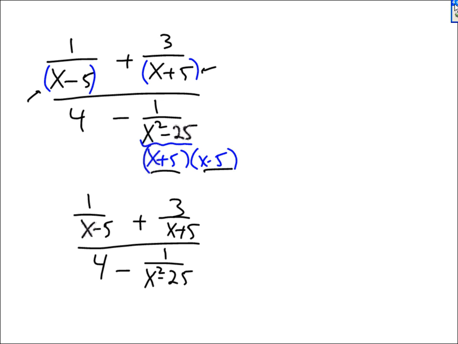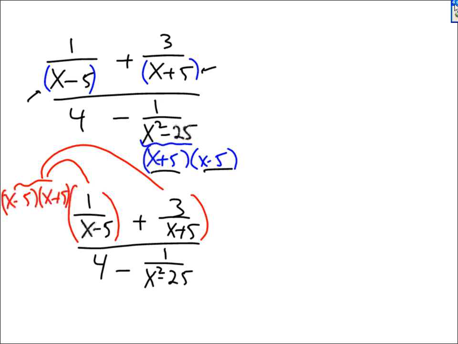Just for the record, if I'm multiplying the whole numerator by x minus 5 times x plus 5, that means I'm multiplying 1 over x minus 5, and then I'm distributing it to the other part, the 3 over x plus 5.